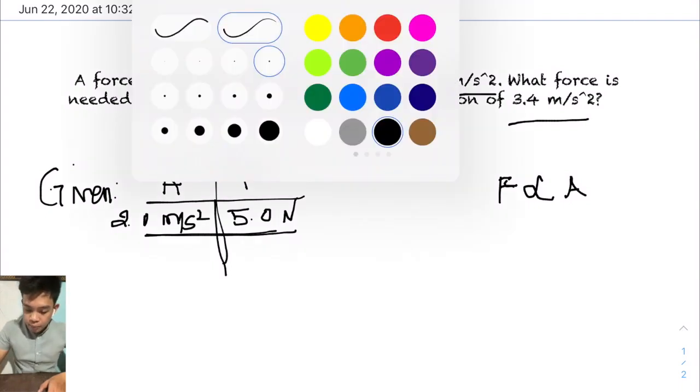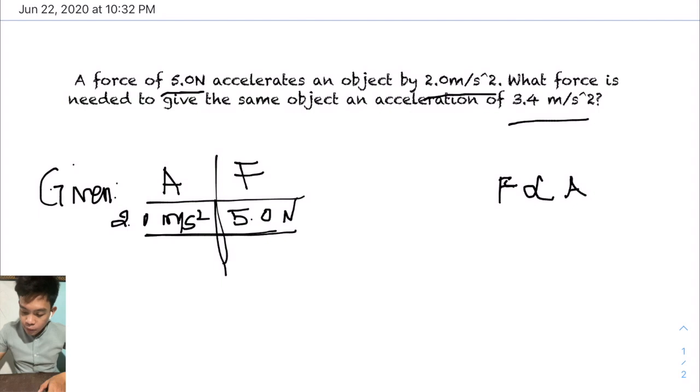On the other half, the unknown, what is being asked in the problem, is what force is needed. That is what we are looking for. And 3.4 meters per second squared is the second acceleration.